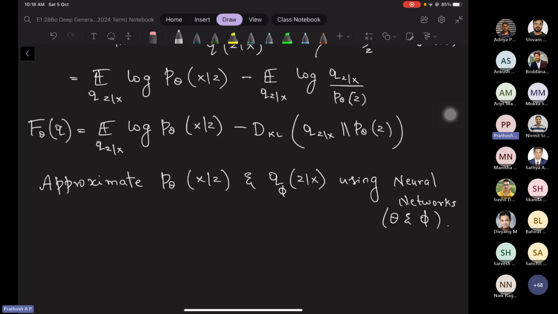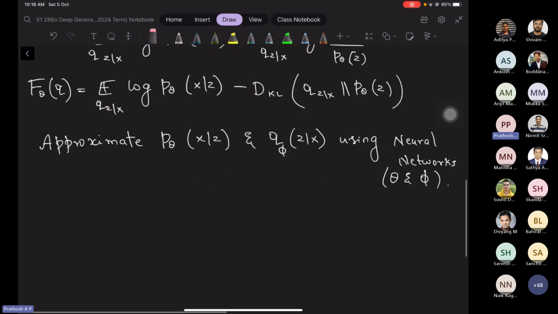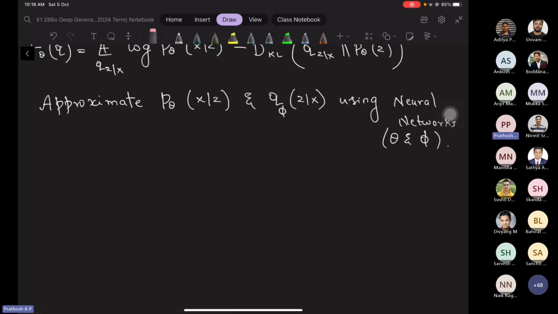Now observe the difference here from the EM algorithm. In the EM algorithm, the optimal q of z given x was known to be p theta of z given x. Here, because we don't know what p theta of z given x is, we approximate it using a neural network. Now the question is, what do you mean by approximating? Let me write that.